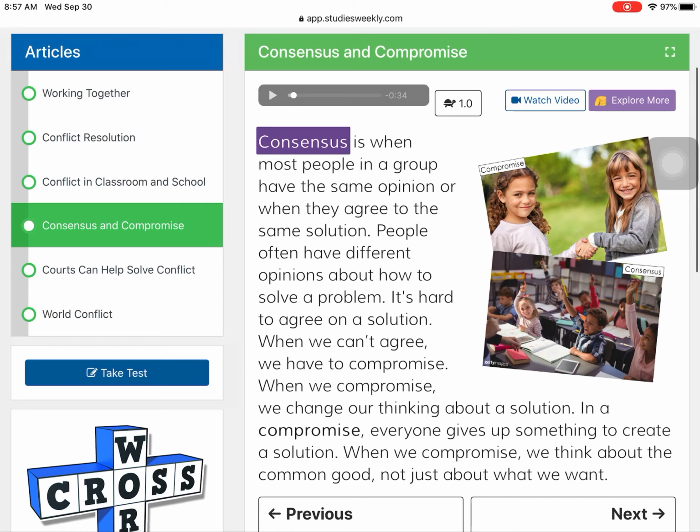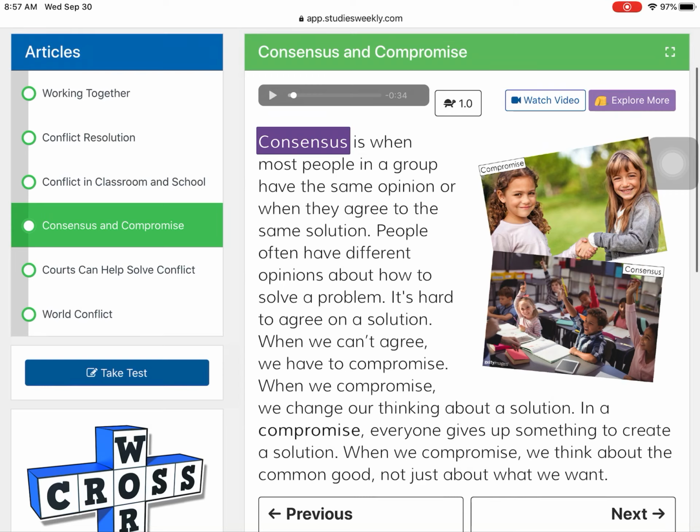So some of the examples I said yesterday was you could each set a timer and one person gets 30 minutes to play. When their time is up, the next person gets 30 minutes to play. Or you could compromise and say, maybe we can just play a 2-player game, and then we can both play together at the same time.